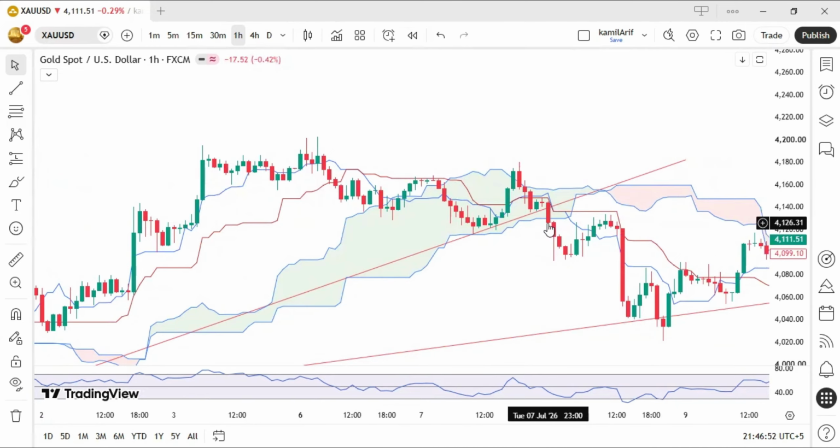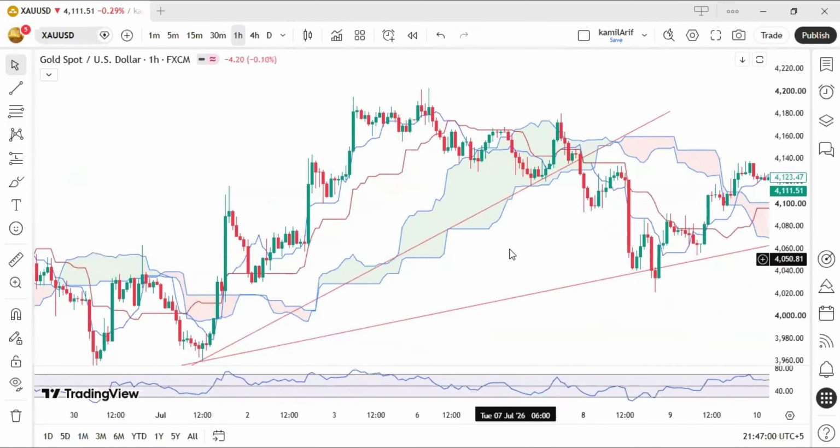And see, if you had entered here at the close of this red candle, look at the way the price continued downwards massively in the direction of the breakout. Single-handedly, this trend line would have given you so much profit. And if you combine the Ichimoku cloud and the RSI and the horizontal levels as well, or some other system that you are comfortable using, that's even better.